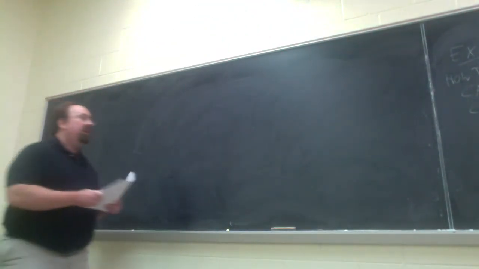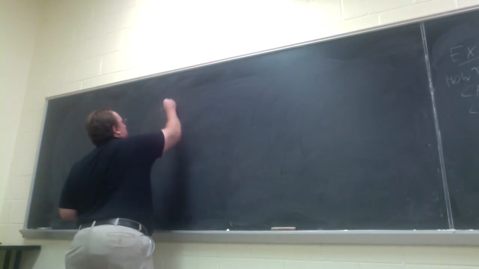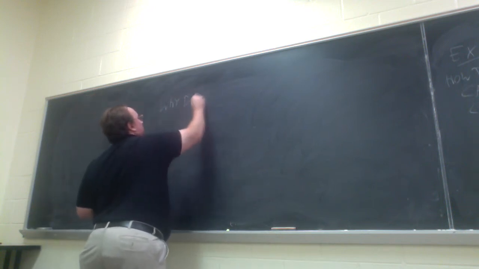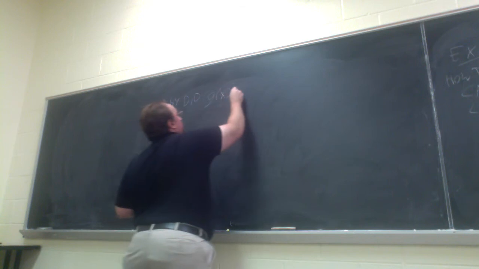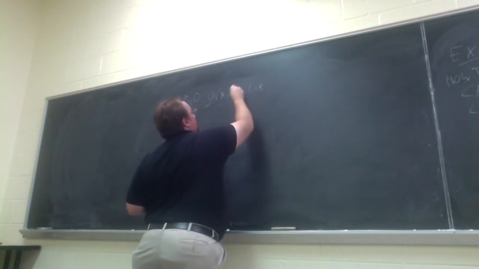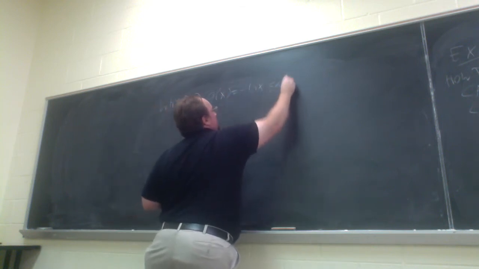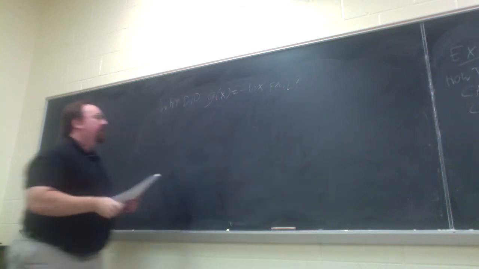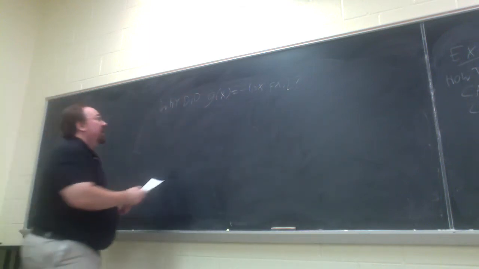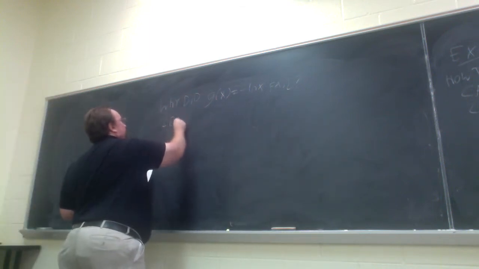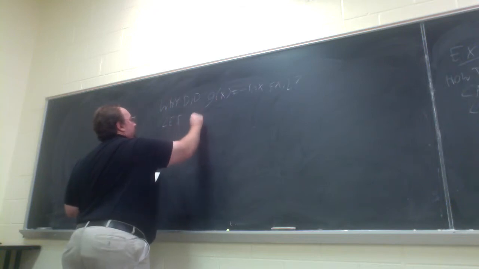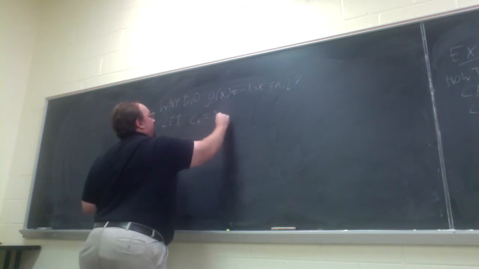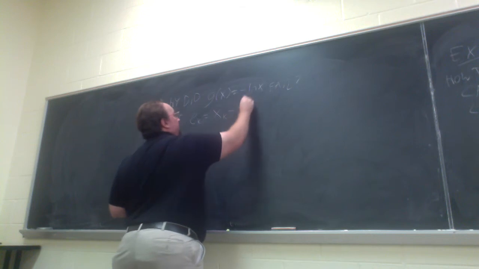Okay, so why did g of x equal minus natural log of x fail? Let's see what happens to the error. I'm going to let e sub k equal xk, our kth iterate, minus our exact solution x star.